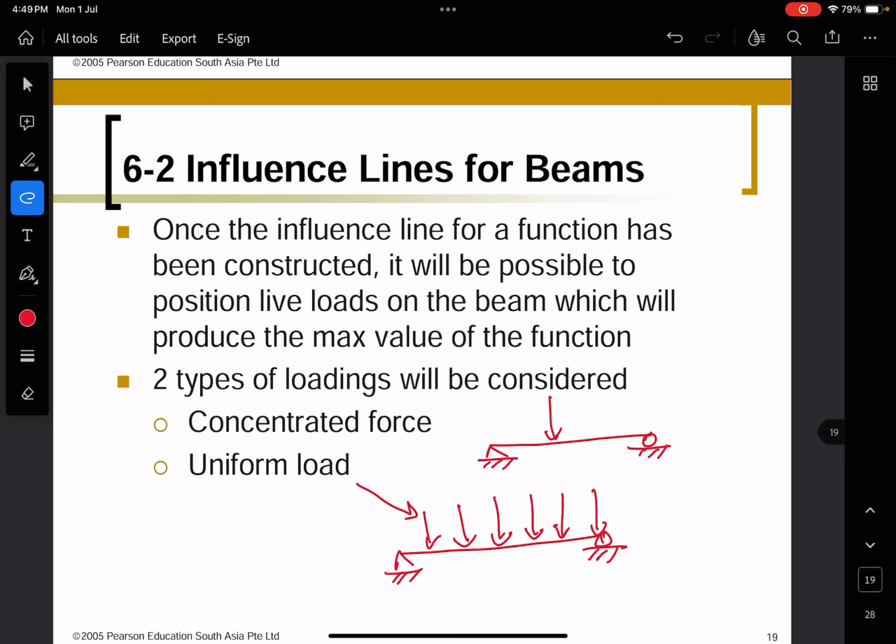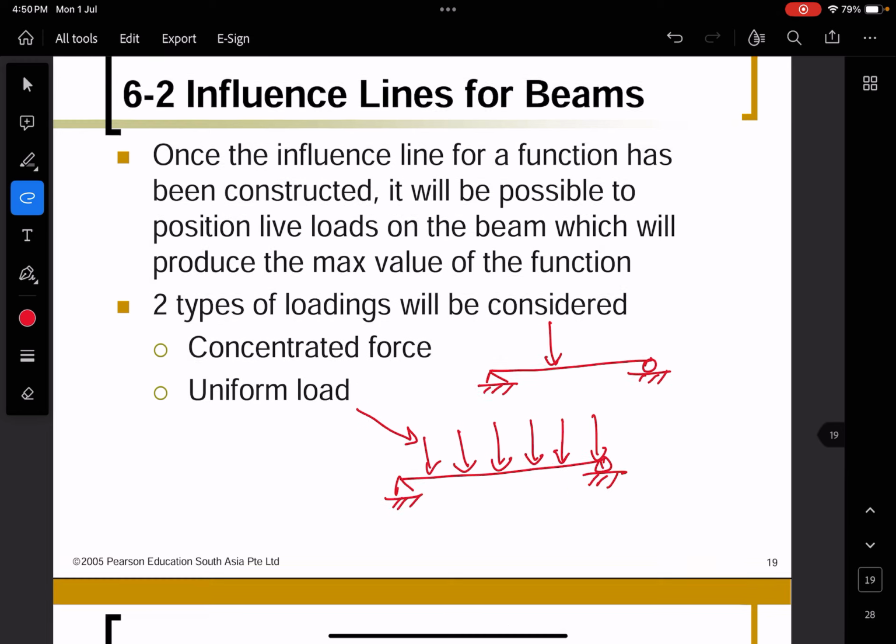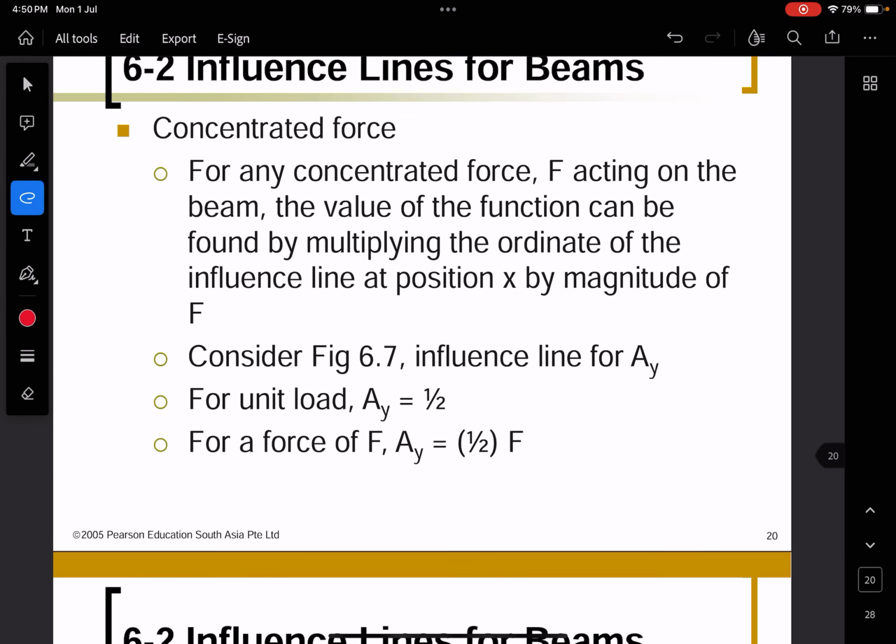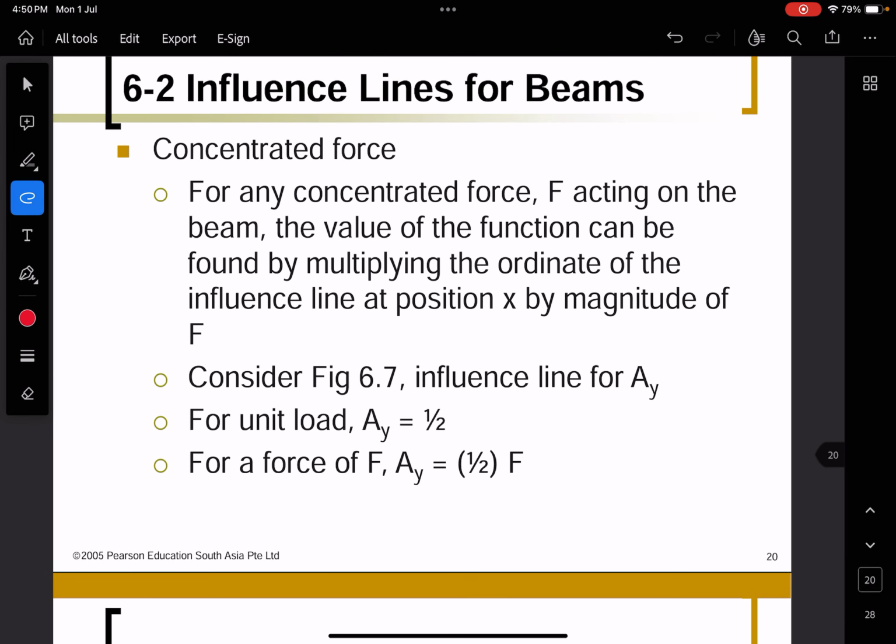So these are the two common types of loading that we always consider for beams. Now we want to see how to create an influence line for a concentrated force.